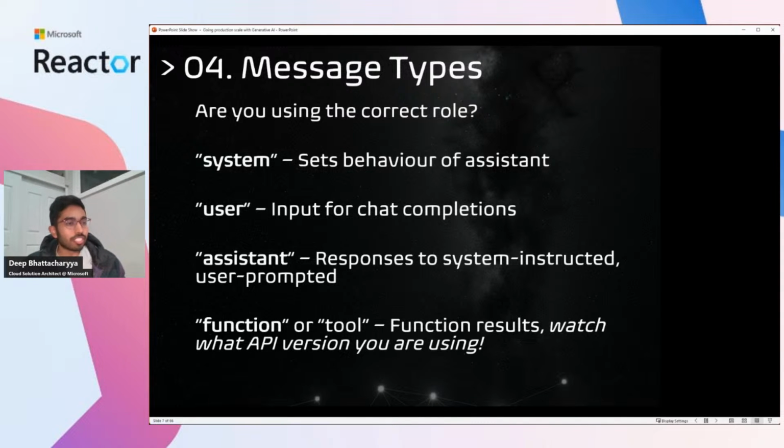Number 4, messaging types. So there are 4 different message types that are included within each Azure OpenAI prompt that you can send. One is the system message type, which is your meta prompt, essentially.